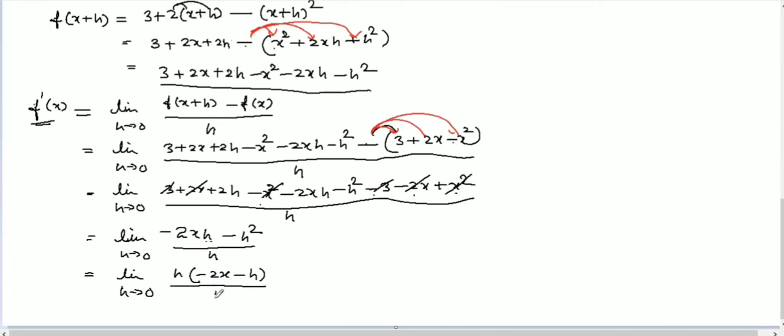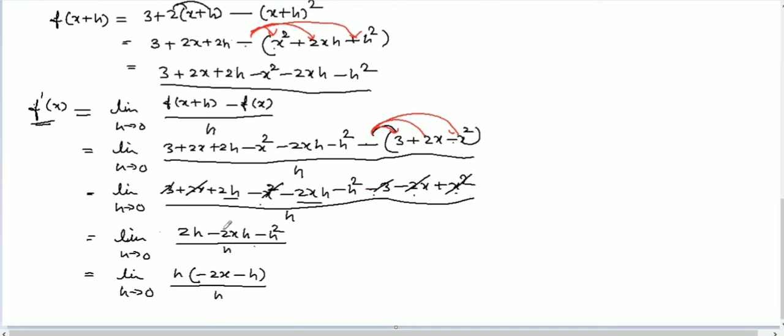Here we have 2h, then minus 2xh, and then minus h square over h.